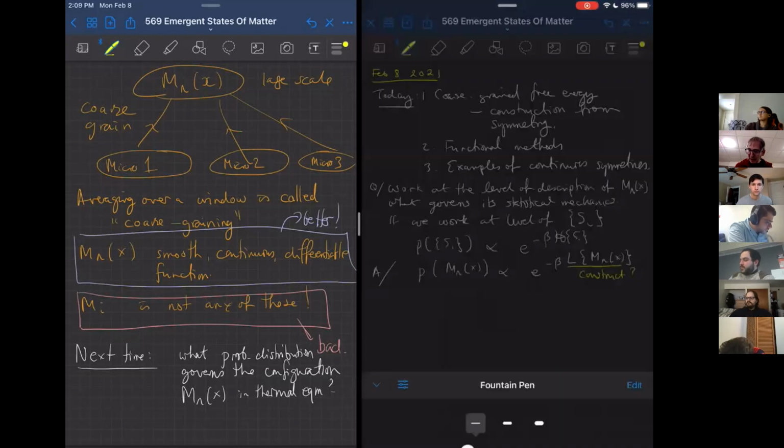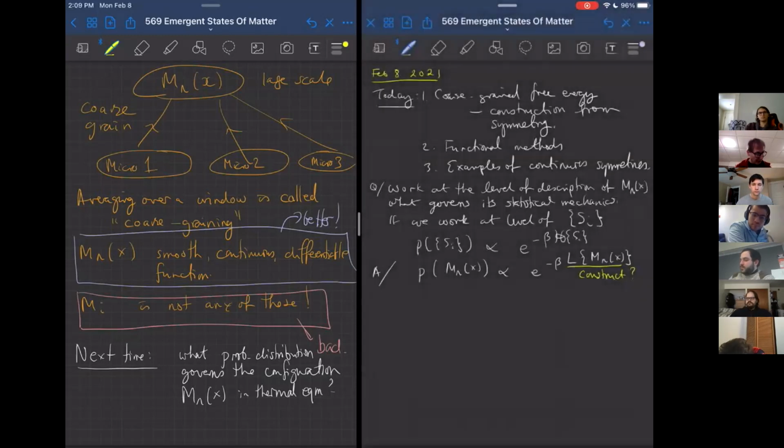So the way that we're going to approach that is by looking at the symmetries of the system, and we're also going to worry about analyticity.